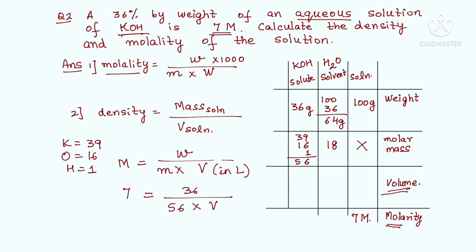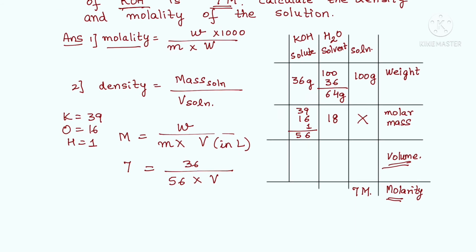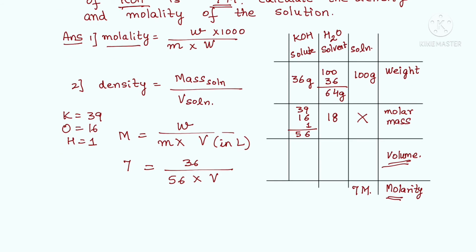Please solve it, give me the answer. These questions have been taken from various reference books, but I've tried to modify the data so that you can do the calculation in an easier way without having the need for a calculator.